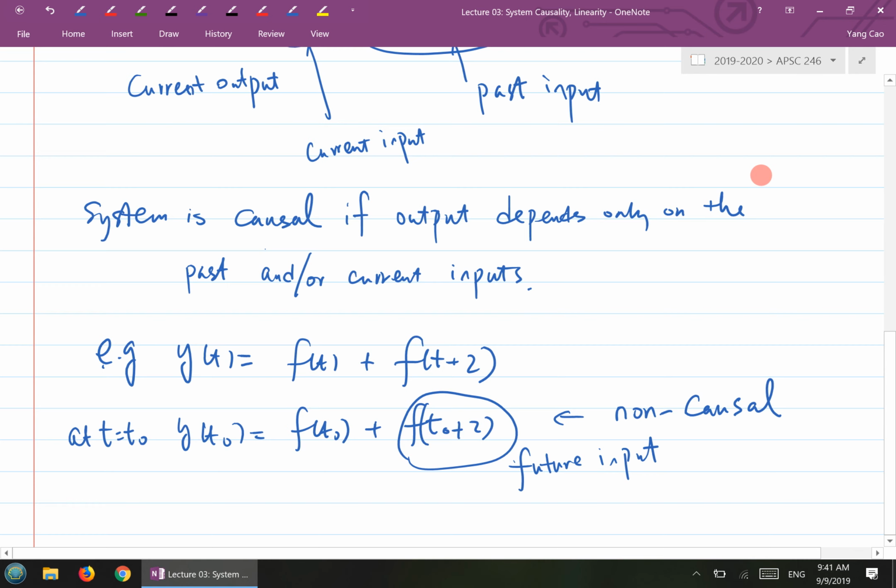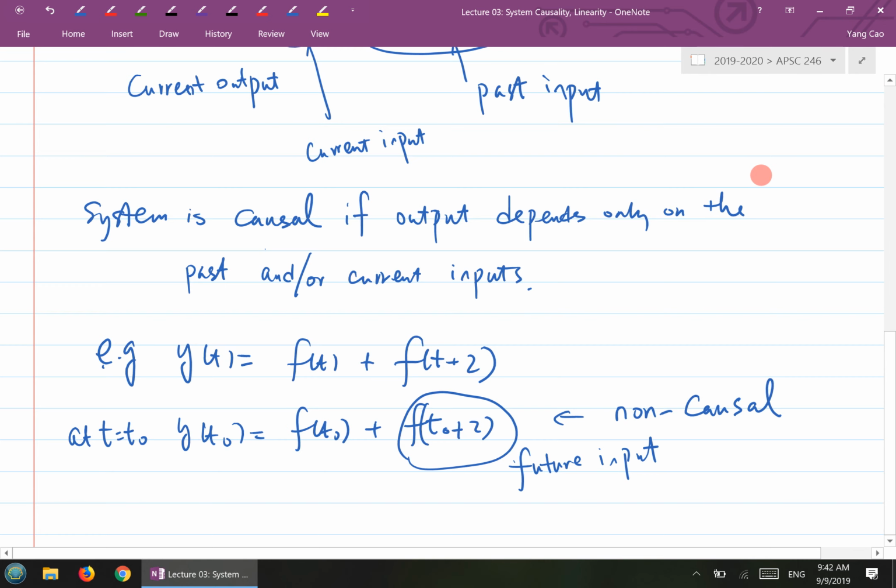So causal or non-causal is very straightforward, I think it's a logical system. If you learn a little bit of philosophy, it's always basically about cause and effect, right? You put in some cause here, then there will be an effect. In a real-time system, the cause always occurs before the effect, and that's called causal.